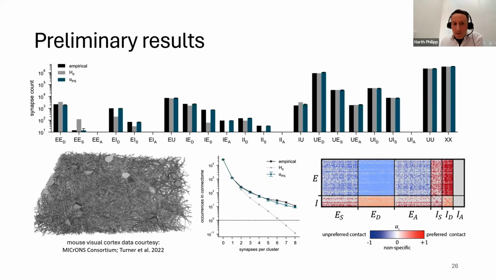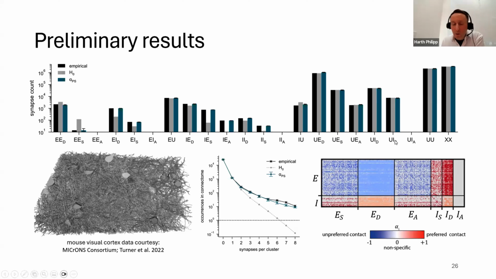And what we see is that this null model has some qualitative correspondence to the empirically observed data, but it also fails to capture certain aspects of connectivity. For example, the null model systematically underestimates the number of synaptic contacts from excitatory neurons to the dendrite of inhibitory neurons. However, the null model overestimates the number of synapses from excitatory neurons to the soma of other excitatory neurons.